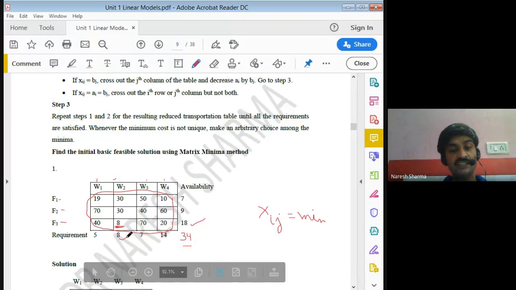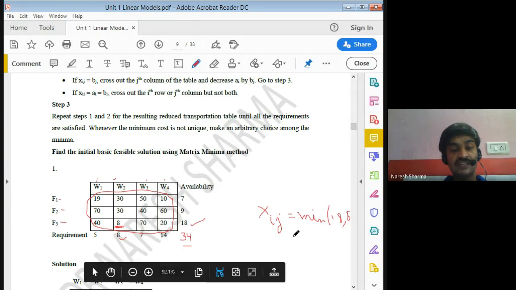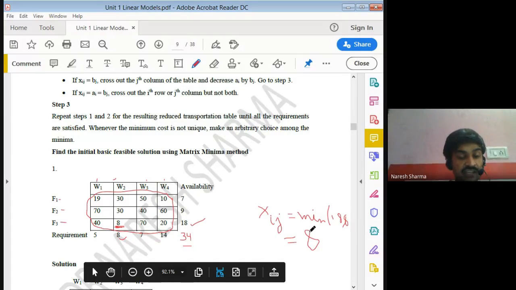If you see here, the minimum value of the availability and the requirement, which are 8 and 18, is 8. We allocate here. So we allocate xij equal to 8, that is 8 units.